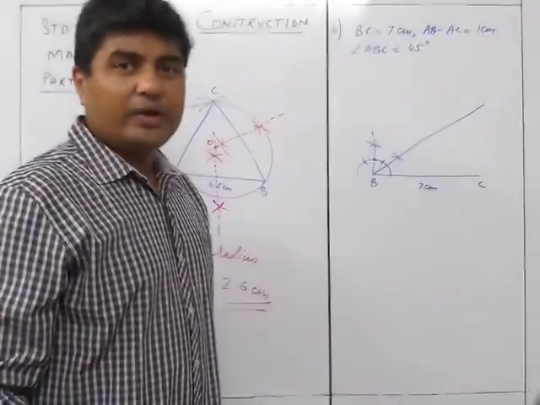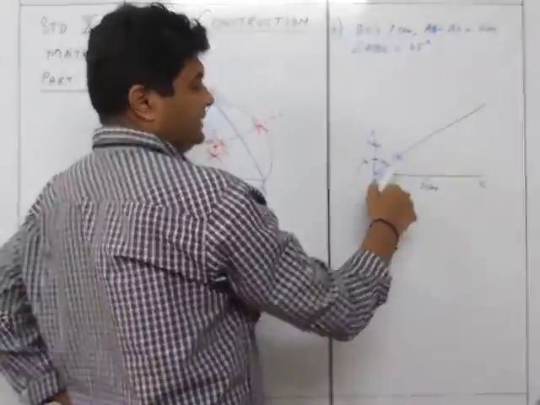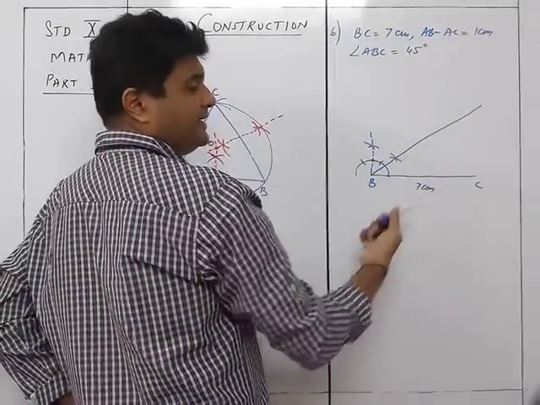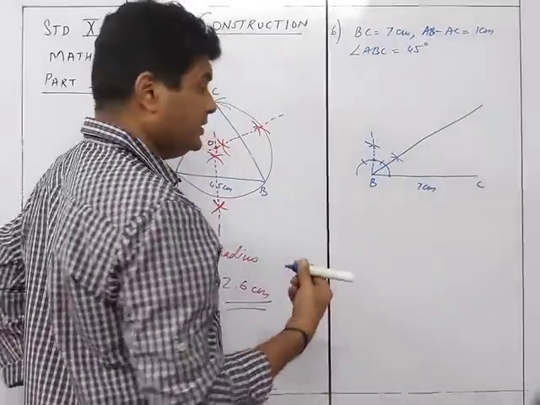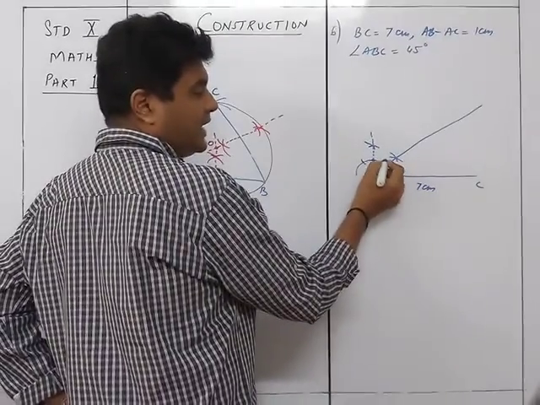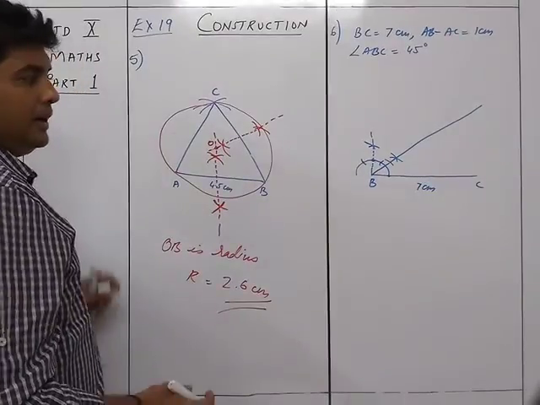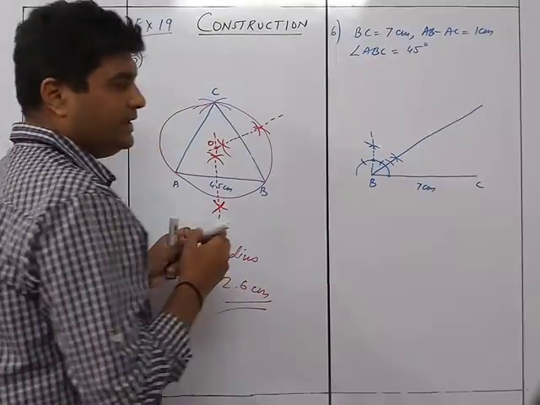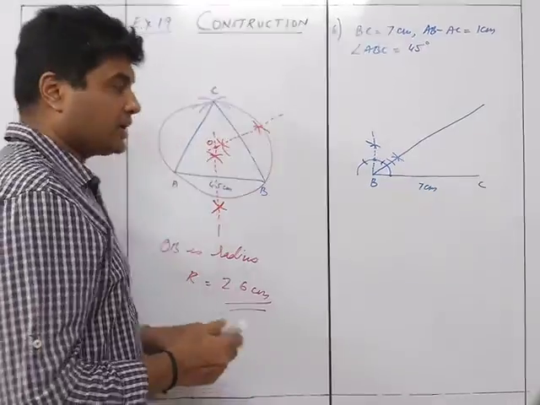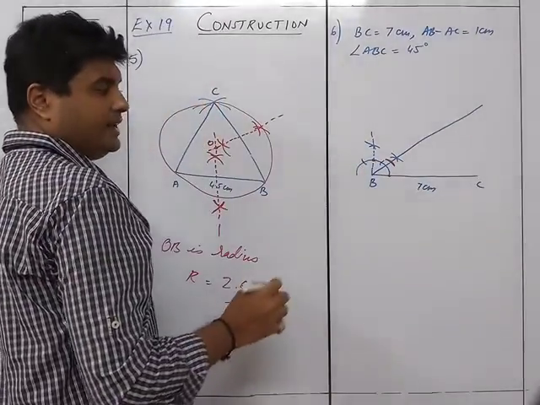Now the next thing we are doing is, I know that AB minus AC, so somewhere here AB minus AC is going to be 1 centimeter. So I'm going to take 1 centimeter in the radius and cut an arc over here. Okay, I'm going to cut an arc over here, and then I'll do the construction in color so you can come to know. So this part is your 1 centimeter.